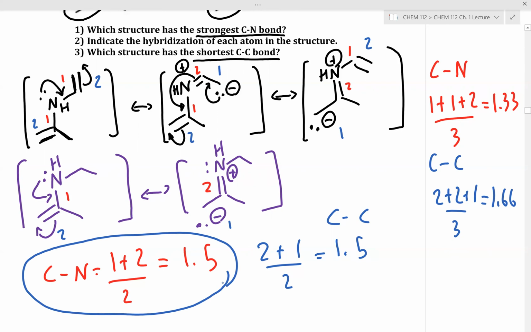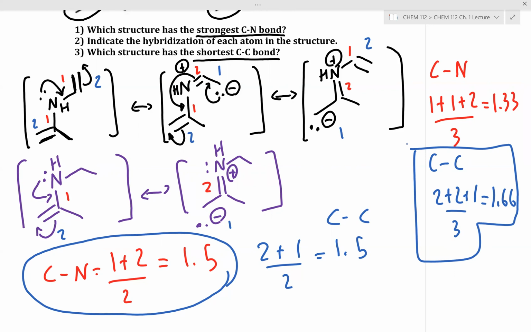Looking at our bond orders for our carbon-carbon bond, however, which of the following structures has the largest bond order for the carbon-carbon bond? The top structure. Yeah. So although this heuristic that I showed you is useful, it is not accurate for every single system.